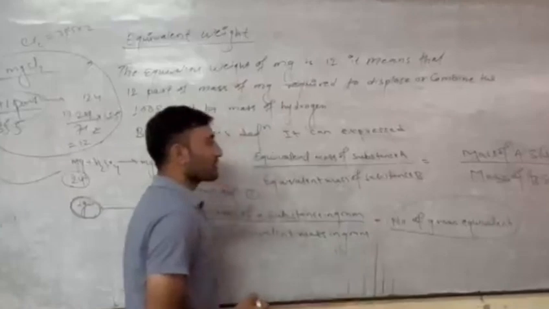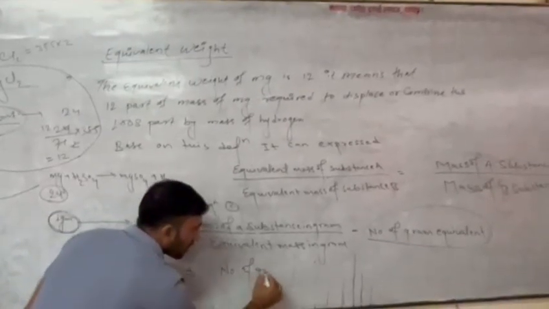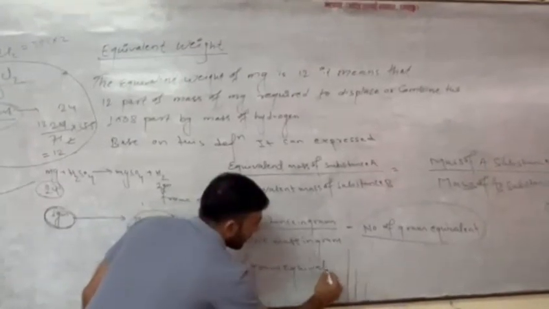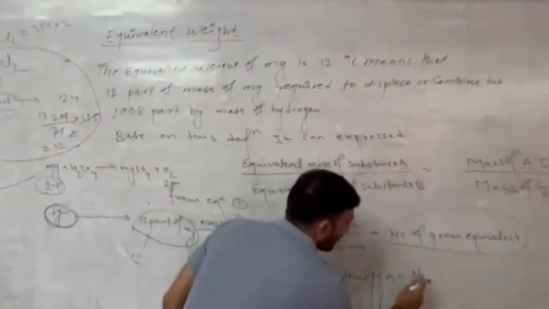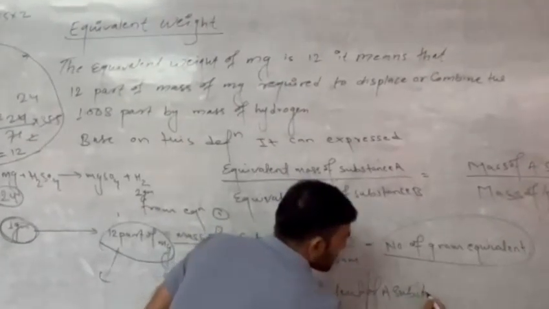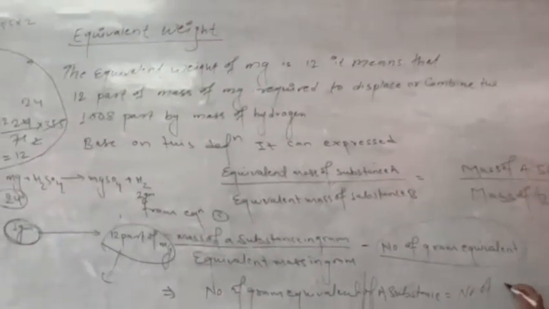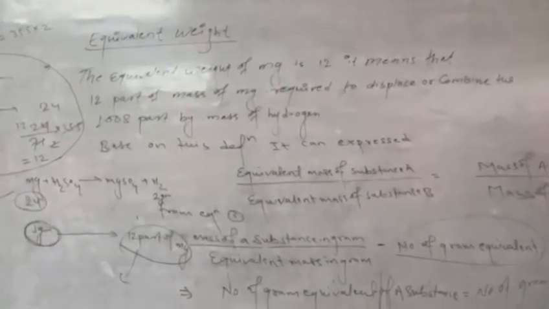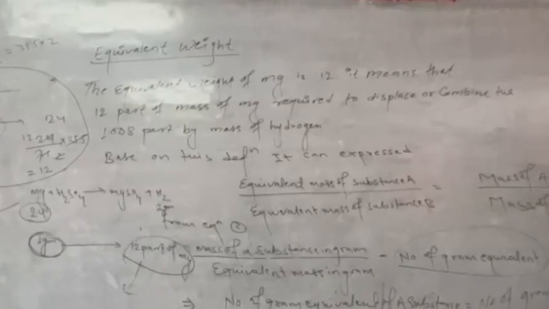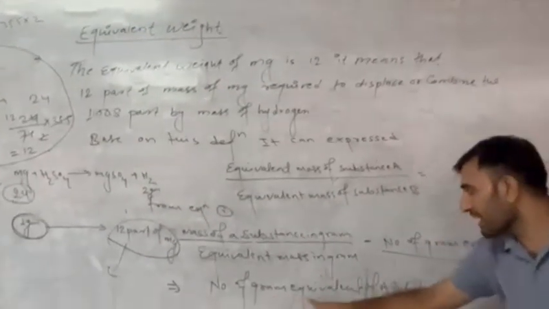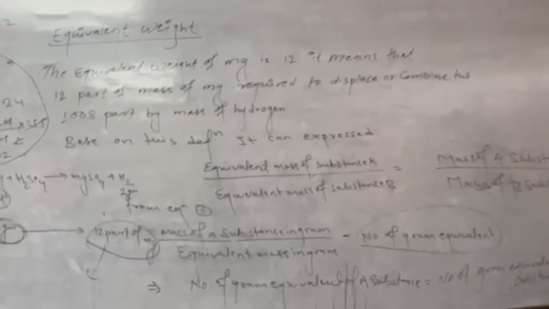We can write that the number of gram equivalents of substance A equals the number of gram equivalents of substance B.